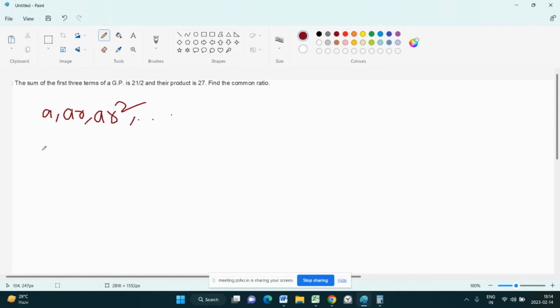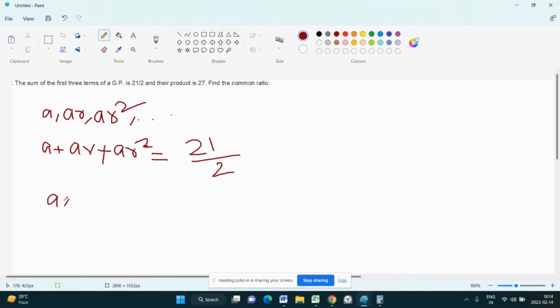The sum of these terms, A plus AR plus AR square, is equal to 21 by 2.